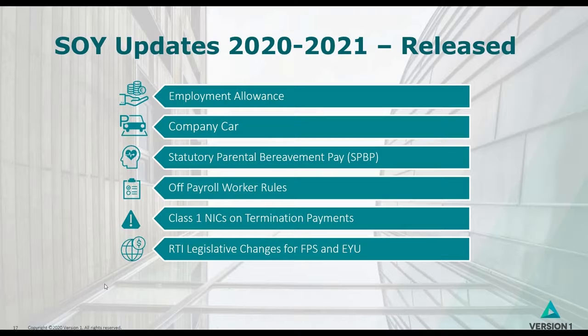They cover the items that hopefully you can see on the screen now: some work around employment allowance, company car changes, statutory parental bereavement pay, off payroll worker rules, the Class 1 NIC on termination payments, and any changes to the RTI reporting processes that would be required to take everything into account for the current tax year.